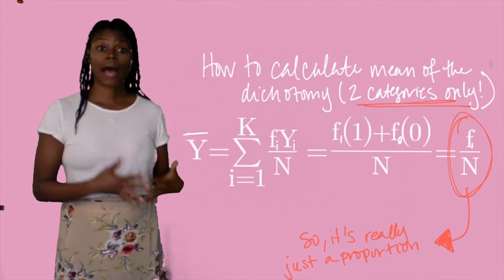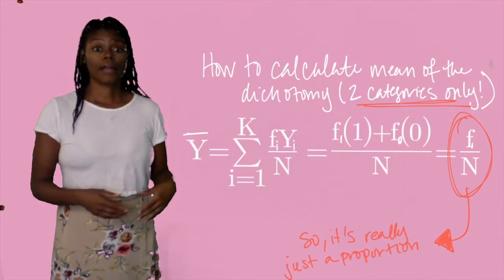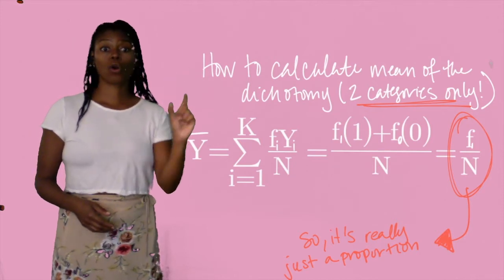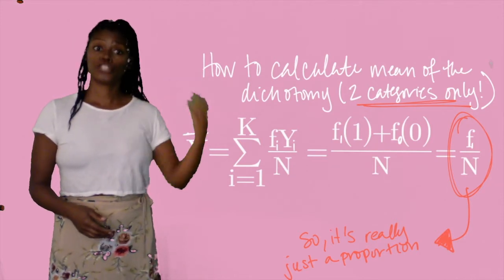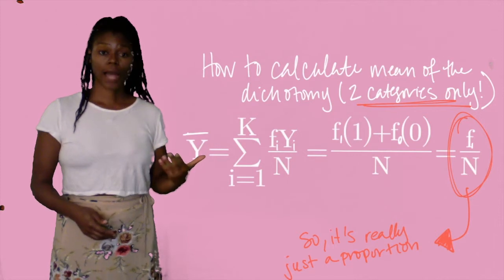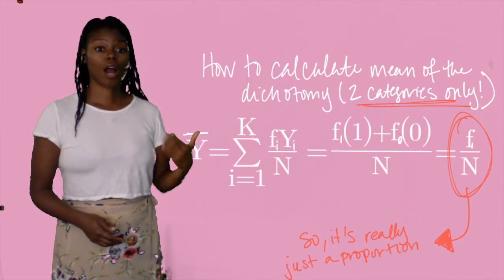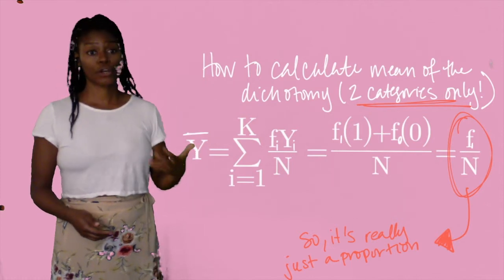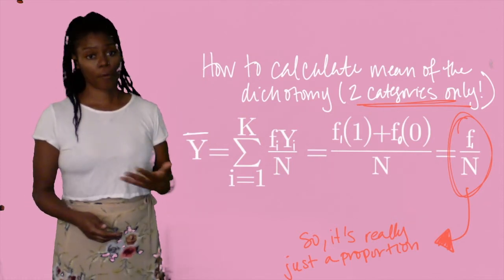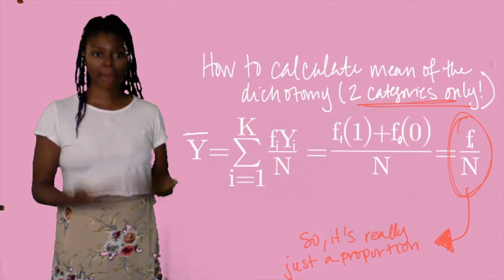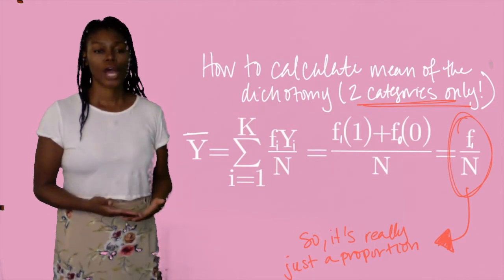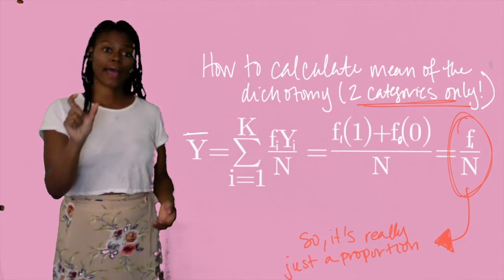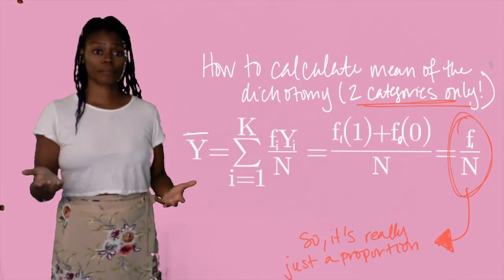In order to calculate the mean, the y sub i becomes 0 or 1, because generally when you're dealing with dichotomous variables, they are nominal in type, which means they can't be turned into numbers on their own. However, because we're doing math, we need numbers. So one category you designate as 0, the other category you designate as 1.